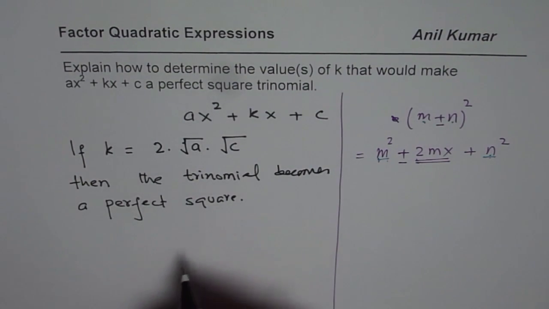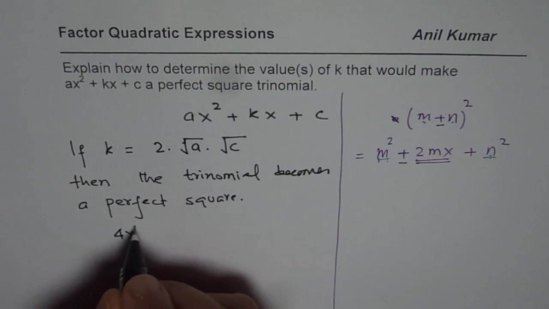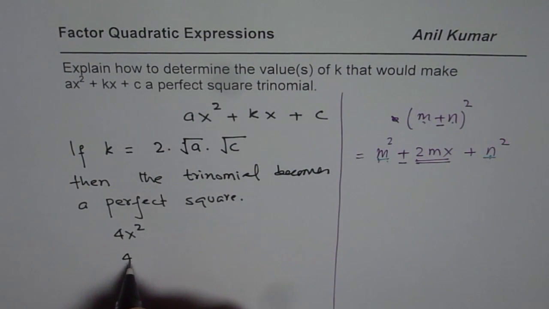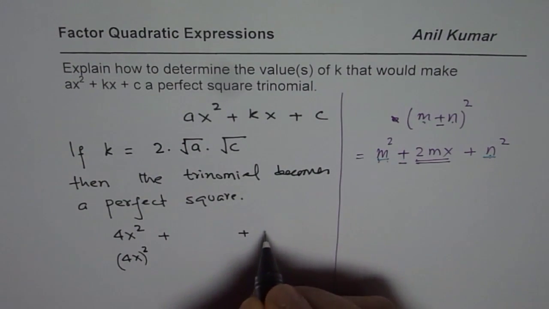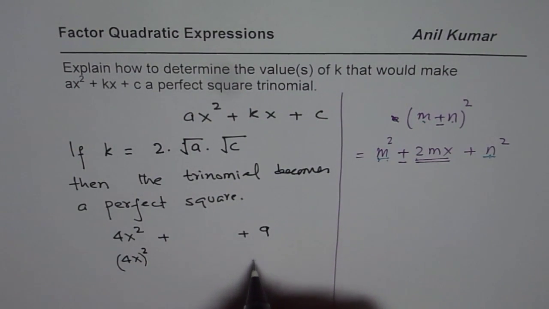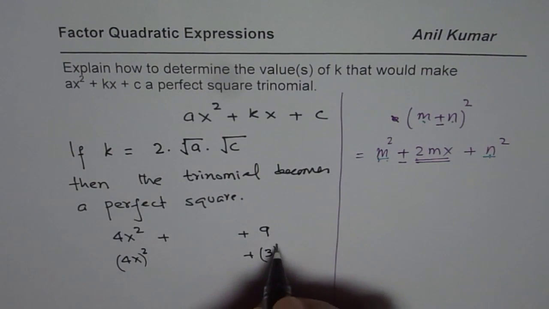Let me take an example here. For example, if I have 4x squared, I could write this as 4x whole square, right? Plus, we are not writing the center term, but we are writing the last term. Let us say this is 9, which is 3 squared.